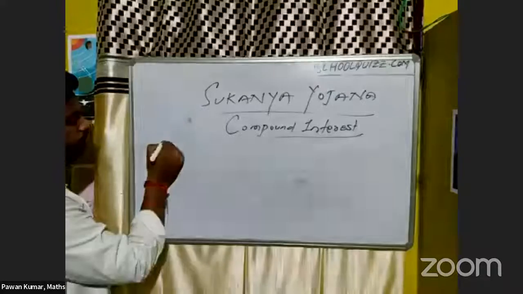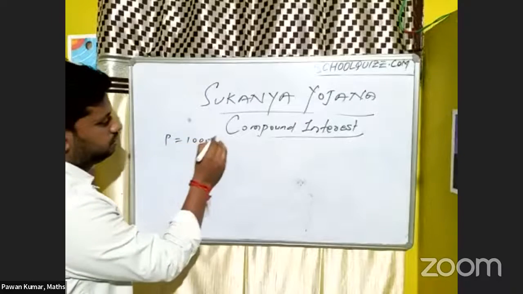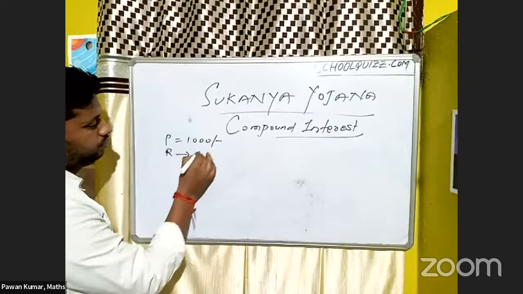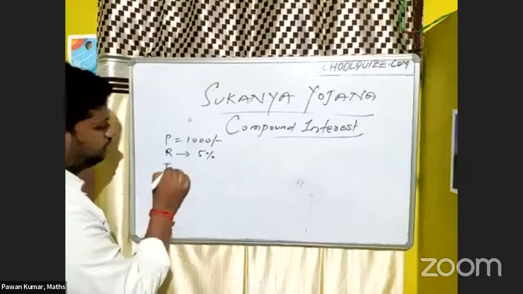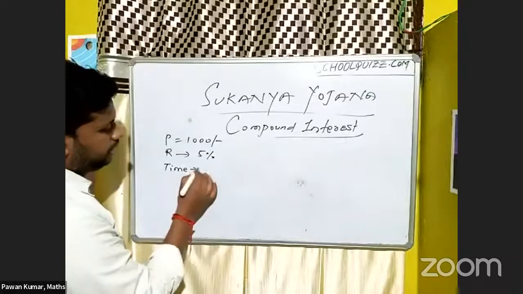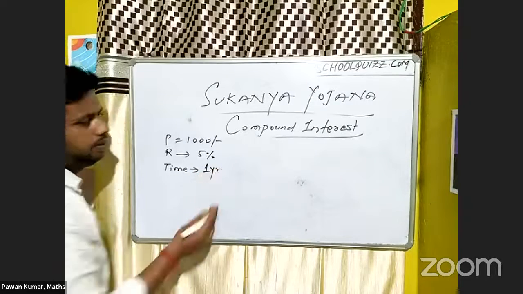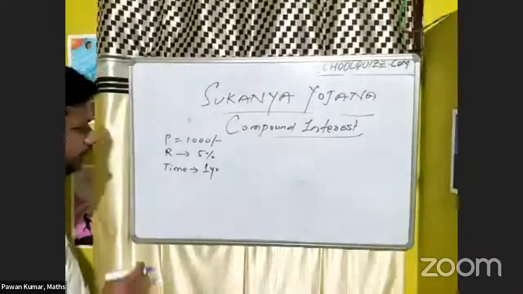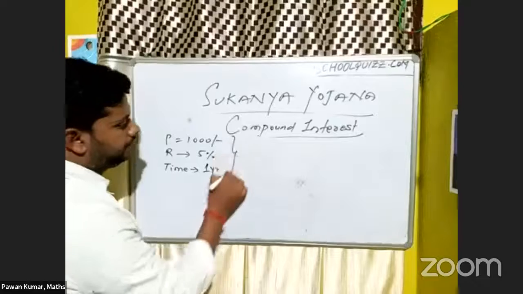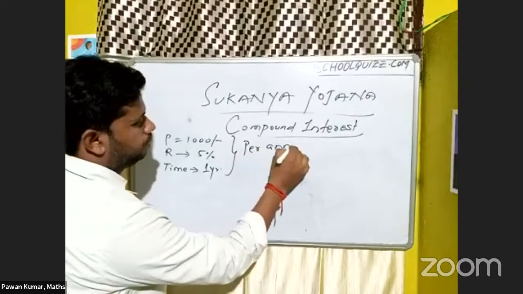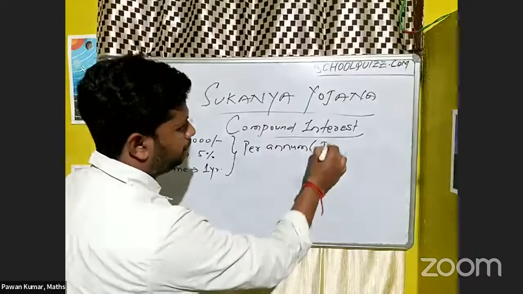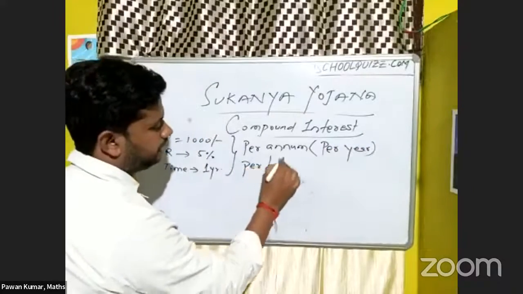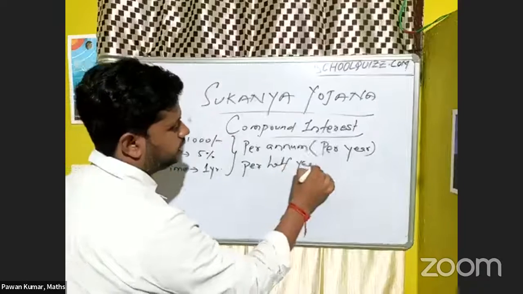Suppose you took a principal of 1000 rupees and the rate of 5%, and time dependent on what basis you are going to take these charges. Suppose I say per annum, which is per year. Half yearly is per 6 months.